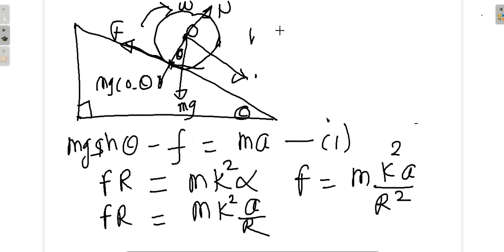So F is mk square A upon R square. First I have mg sin theta. So mg sin theta minus this F, which is mk square A upon R square.